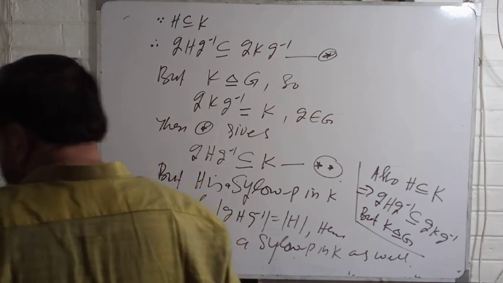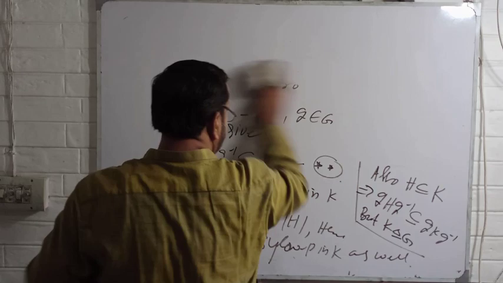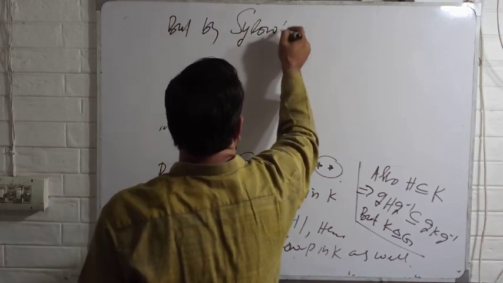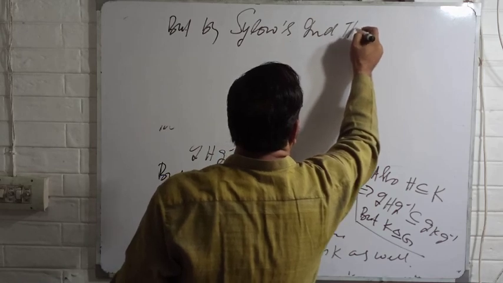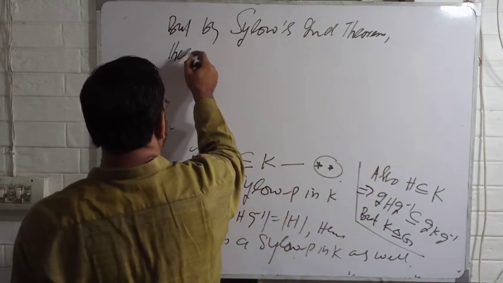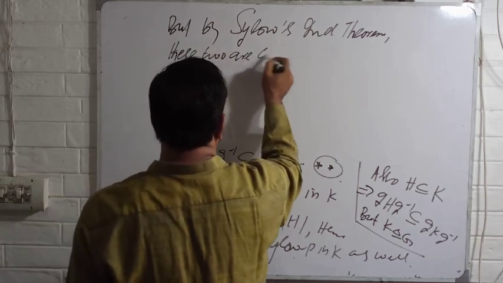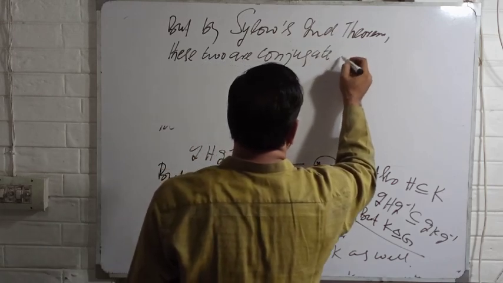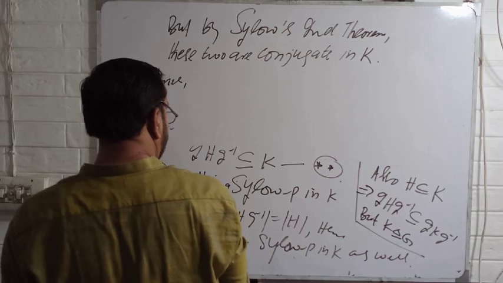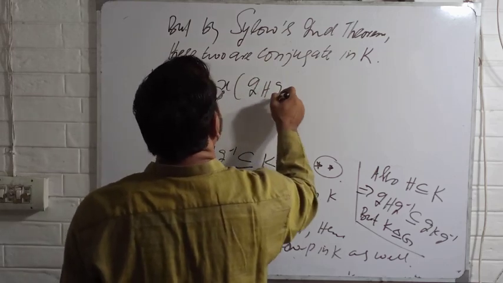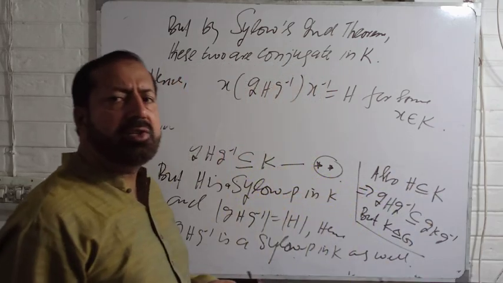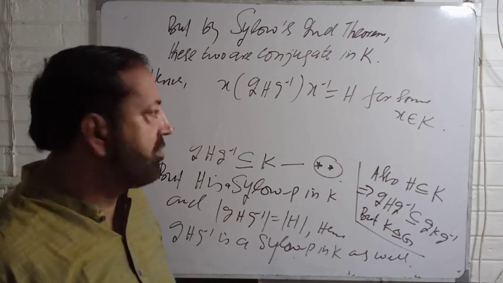But by Sylow's second theorem, these two are conjugate in K, hence xgHg inverse x inverse would be equal to H for some x belonging to K. Just like in the previous lecture, we have used a similar idea.